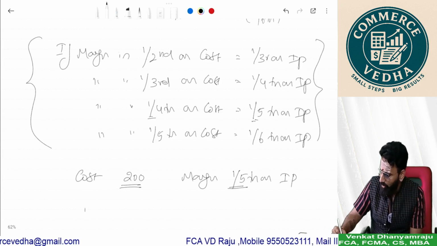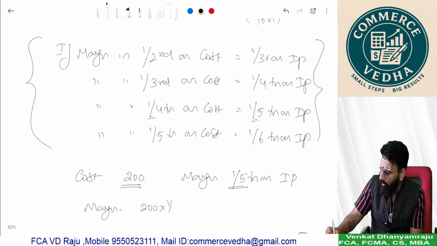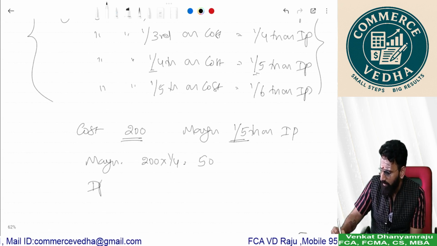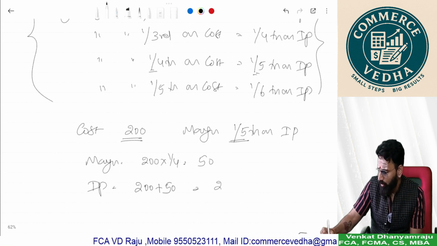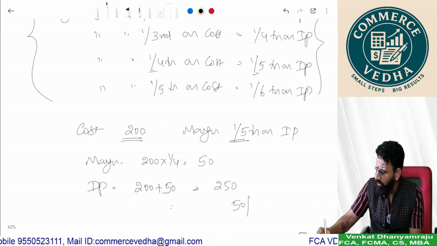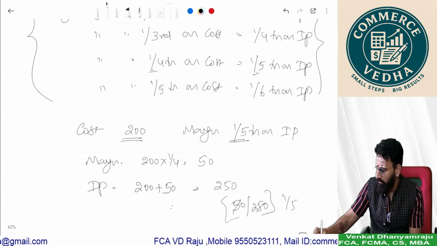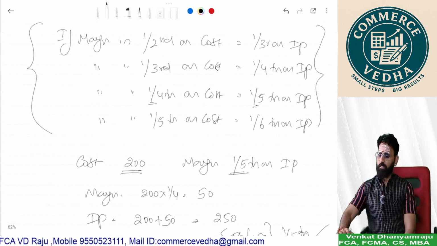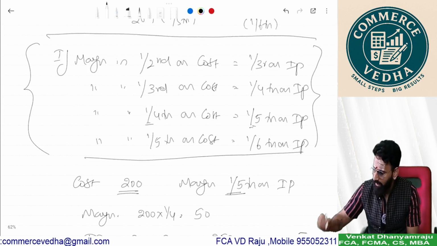So here margin is 200 into 1 by 4, 50, and invoice price is 200 plus 50, 250. You can cross check: 50 margin, invoice price 250, exactly it is 1/5, hence proved. So this is the thing we should remember in the exam for easy calculation.